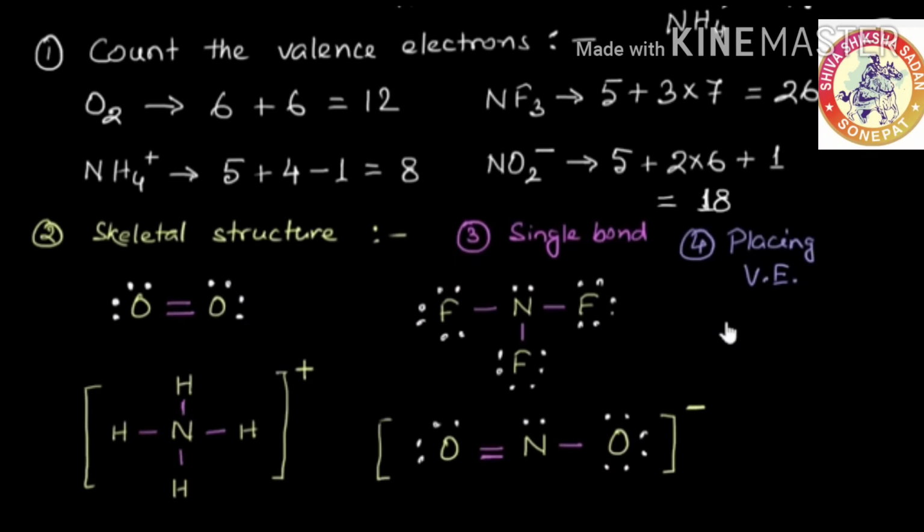This is the electron dot structure or Lewis dot structure of the NO2 negative ion.